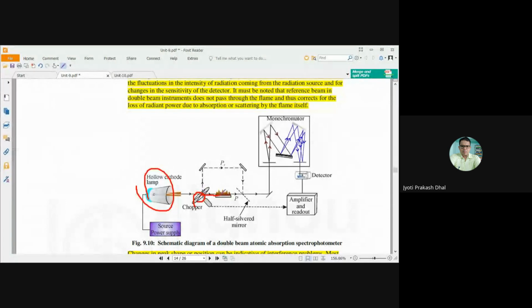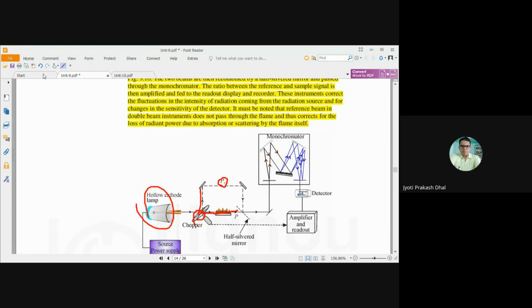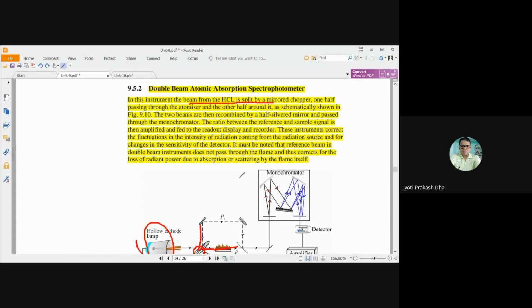This is the direction of the incident radiation that will split into two different radiations with intensity P_R and another one P. One half will pass through the atomizer and the other half will be diverted around it.